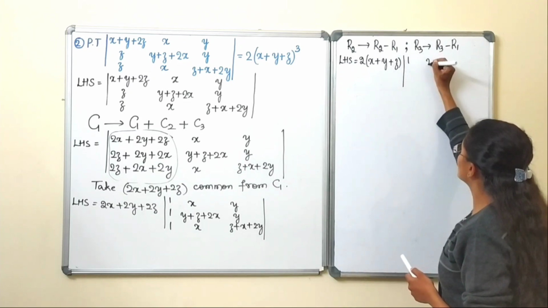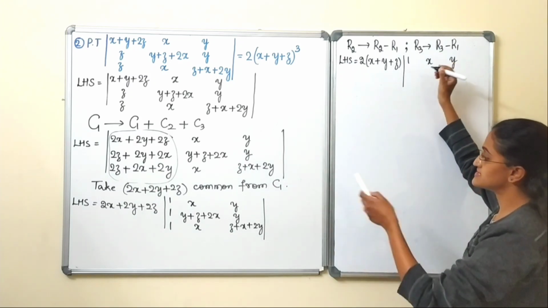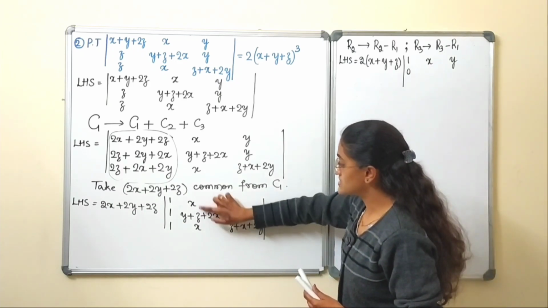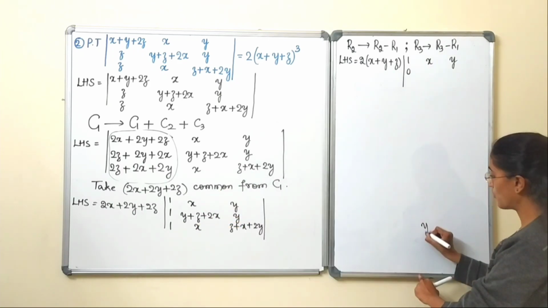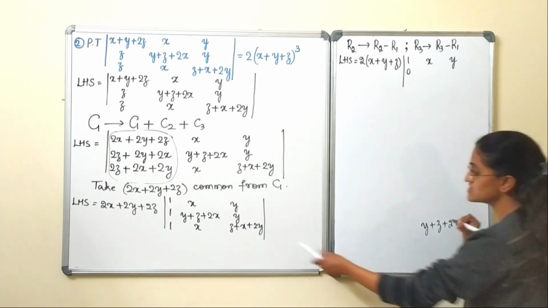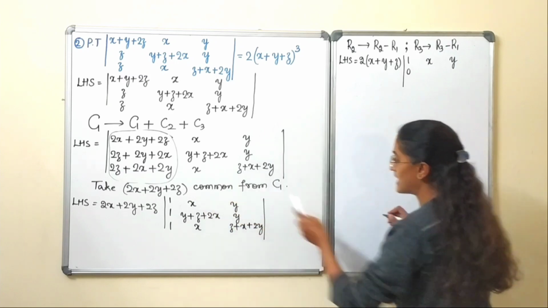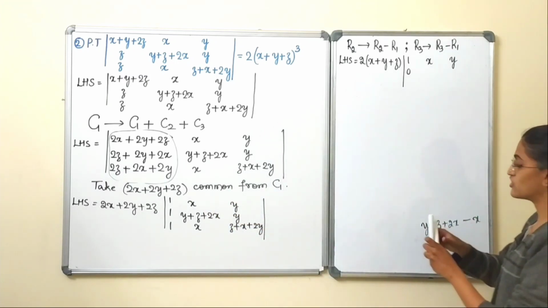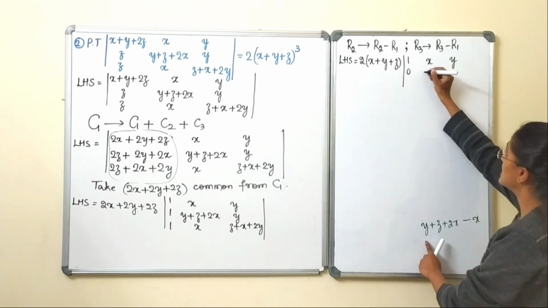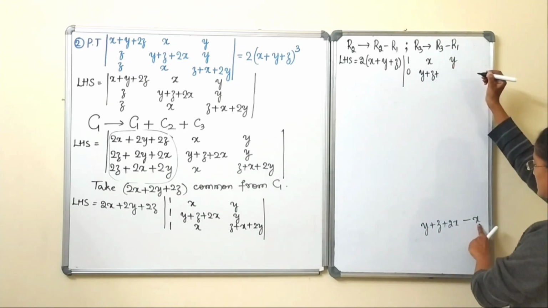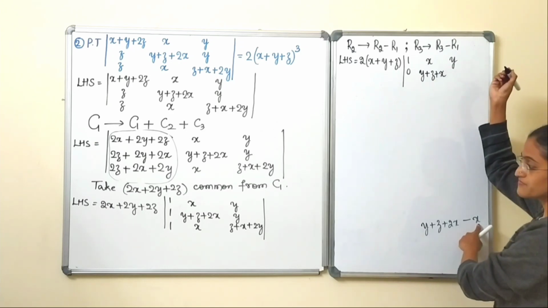The first row remains as it is, the second row 0. Now for subtracting these two, y plus z plus 2x minus the corresponding element in R1 is x, and hence if you are solving this, you are now getting the element as y plus z plus 2x minus x is x. Fine.